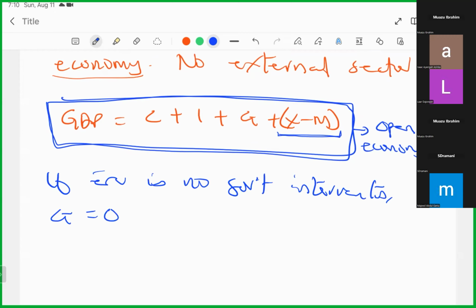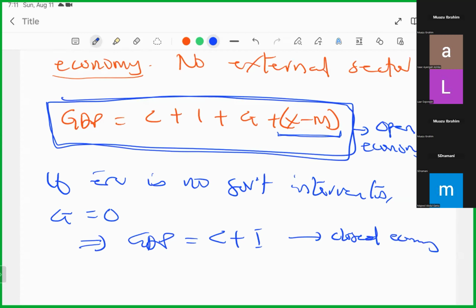If government does not get involved in expenditure, then the government component of the GDP would be zero, which means that the GDP would now be consumption plus investment. That is for a closed economy: consumption plus investment. So this is the closed economy without government intervention.